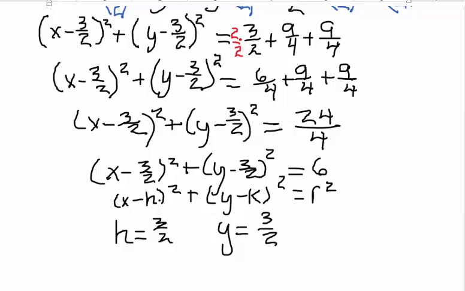Remember, h and k are what you're subtracting from x and y in the parentheses once you've written this in standard form. Now notice r squared is 6. That means r has to be the square root of 6.